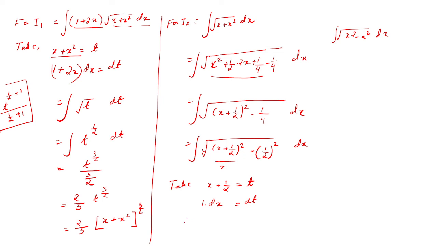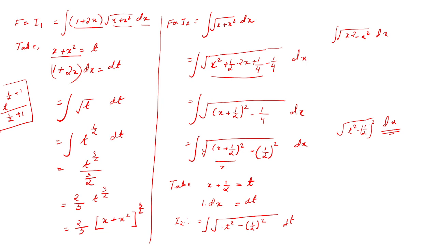Therefore you can replace your I2 as the integration of, x plus half is the same thing as t, so you can take this as t squared minus 1 by 2 the whole thing squared, and your dx can be replaced with dt. Remember, when you make a substitution and transform to t over here, this also has to change. You cannot write t squared minus half and leave dx unchanged.